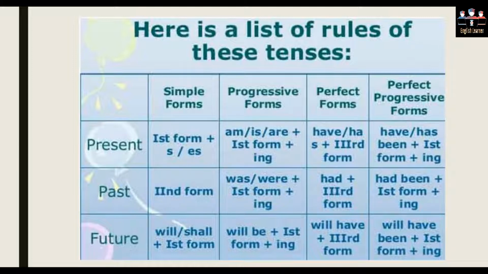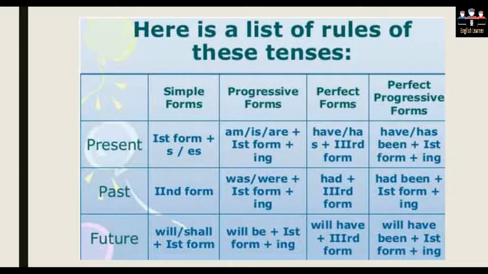Next is the present progressive tense. The main verb of the present progressive tense is the first form of a verb plus ing, whereas the helping verbs are is, am, are. They are going to be according to the subject in a sentence.